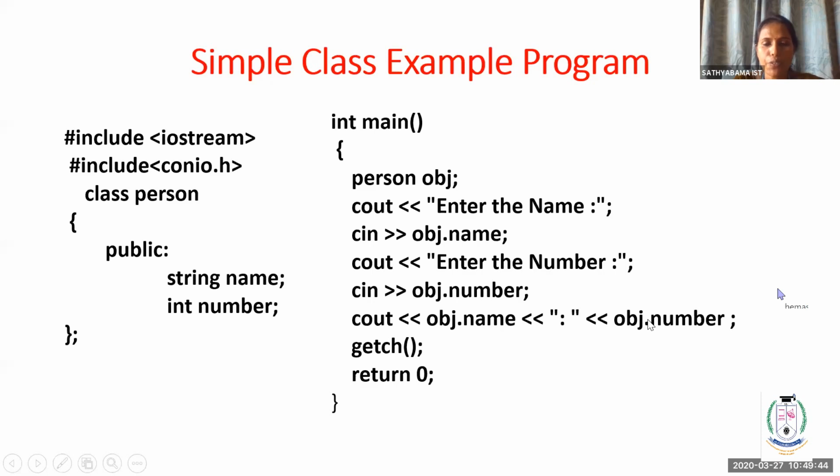For example, if during the input we give Shan, then object dot name will display Shan. Similarly, object dot number, say we gave 101 during input, that is the number of the particular person. That number will be displayed here by using the cout statement.